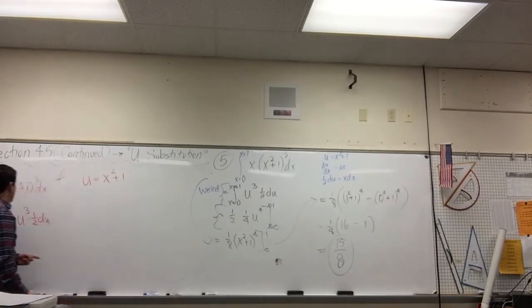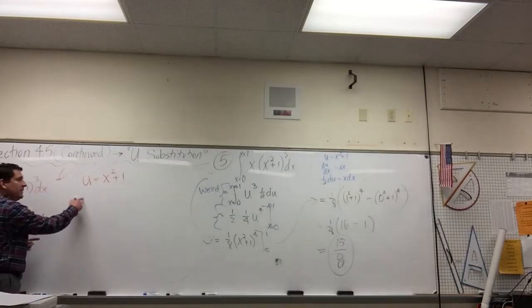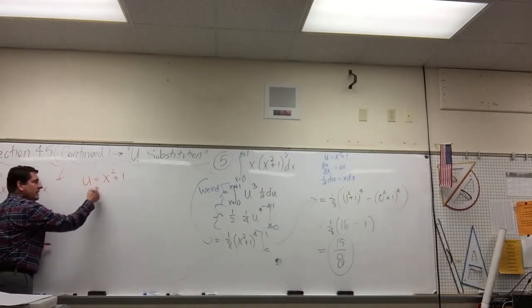I can say, well, instead of going from 0 to 1, where those are x's, I can go from a number to another number, but in u's. And I'm going to show you how you get the same answer.